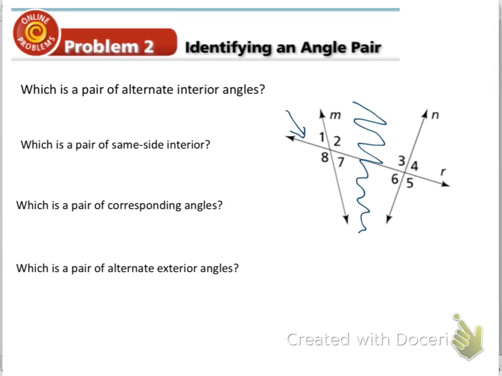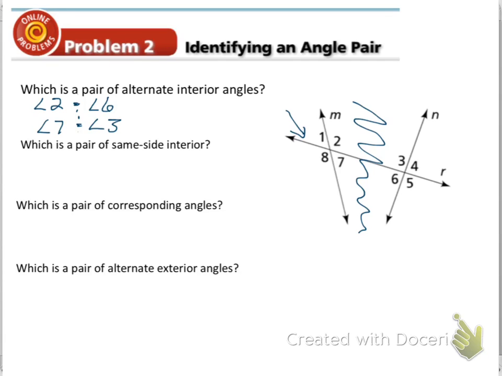So it's going along the transversal and it's alternating there. So the alternate would be angle 2 and angle 6, angle 7 and angle 3. You've got to only pair up the angles, okay? So angle 7 and angle 3 are the alternate interior angles.